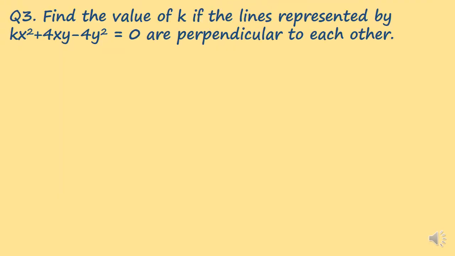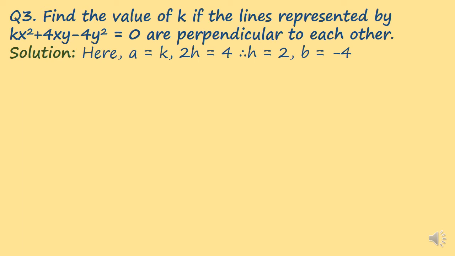The next sum, find the value of k if the lines represented by kx square plus 4xy minus 4y square is equal to 0 are perpendicular to each other. That means here perpendicular lines are given to us. Their equation is given. And so we say a as k. From the equation we see that a is k, 2h is 4, that means h is 2 and b is minus 4.